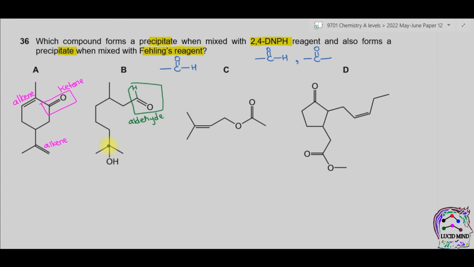And we have an alcohol that is attached to a carbon having 3 carbon atoms directly attached, so it is a tertiary alcohol. In the next one we have an alkene, and this is C double bond O, which is an ester. In this one we have a ketone, an alkene, again an ester.